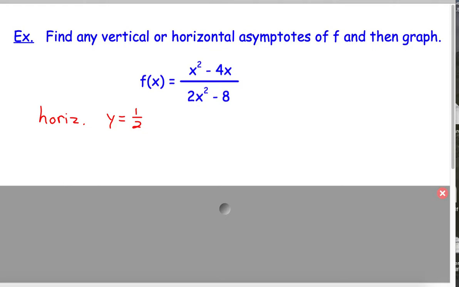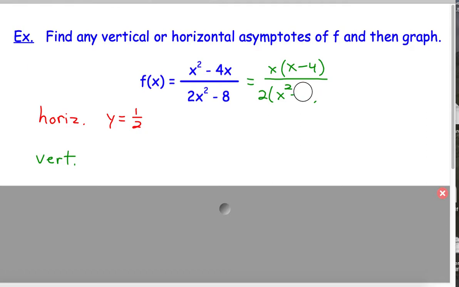All right, now let's look for the vertical asymptotes. For vertical asymptotes, we need to factor this. I can factor an x in the numerator, and I'm left with x minus 4. In the denominator, I can factor out a 2, and then I'm left with x squared minus 4, which I can further factor.